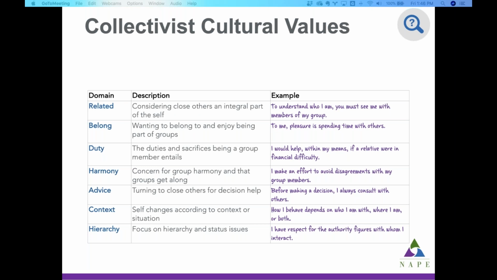So collectivist cultural values. The first domain is this notion of relation with others, that you consider yourself to be an integral part of a larger set of others.